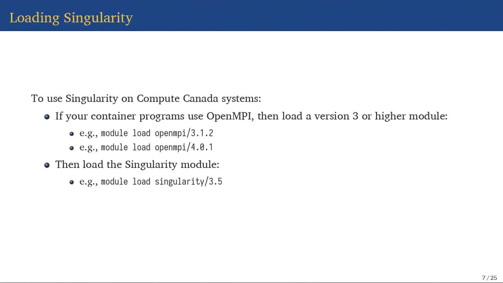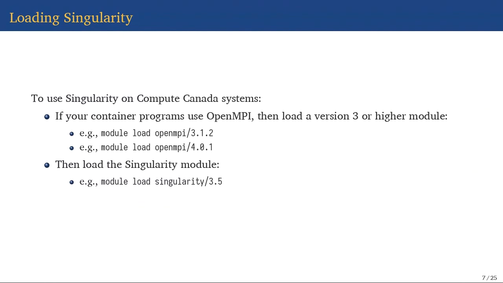On our clusters, using Singularity is very straightforward. If you're running Openmpi, if your program that you're using inside the container uses MPI, then what you want to do is, before you run any Singularity commands at the command line on our clusters, load Openmpi version 3 or higher.